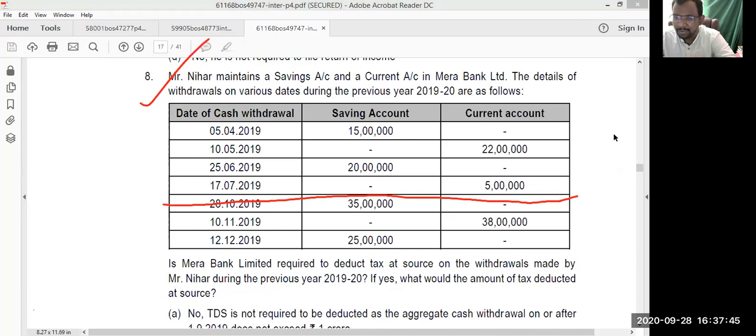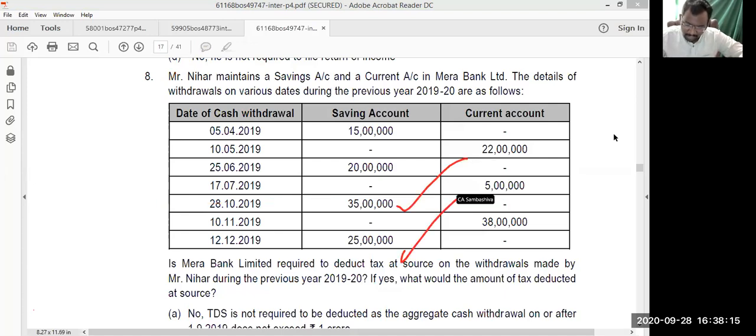So 194N provisions are not applicable because 194N provisions came into effect from 1st September 2019. So any withdrawals prior to 1st September 2019 are not covered by 194N, but will be considered for the calculation of the aggregate cash withdrawals limit of 1 crore. Clear, everyone?